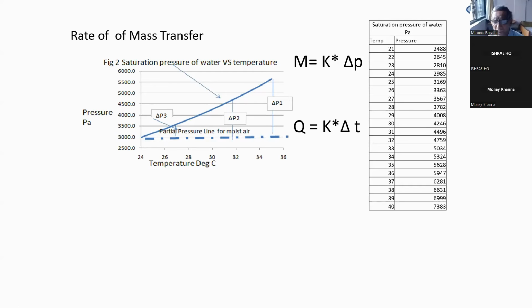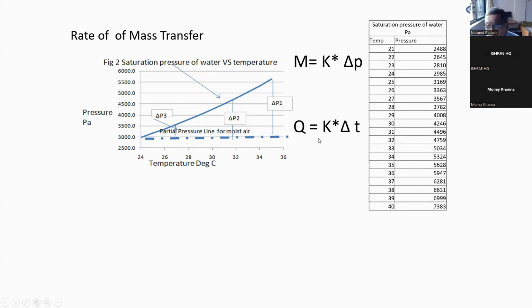For the time being, we'll assume that dry bulb and wet bulb are the same. So every time new air is coming to the wet bulb thermometer, but the air temperature is the same, the air moisture content is the same. So naturally, the partial pressure is also the same. So this line is horizontal.